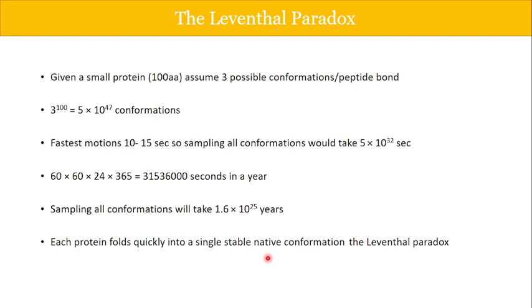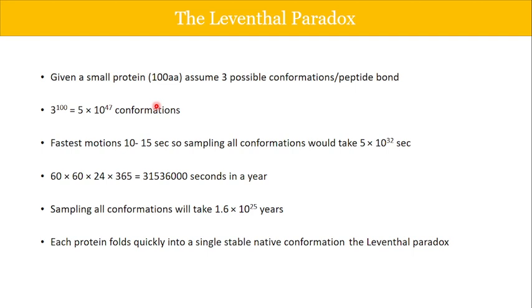Now coming to the Levinthal paradox. For example, we have been given a small protein, say of 100 amino acids, and we assume that there are three possible conformations for each peptide bond. So if we see in how many conformations this can occur, it is 3 to the power of 100, that is about 5 into 10 to the power 47 conformations.